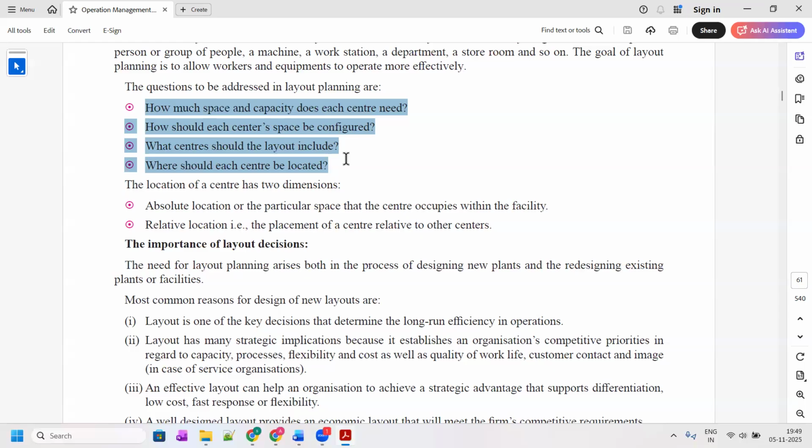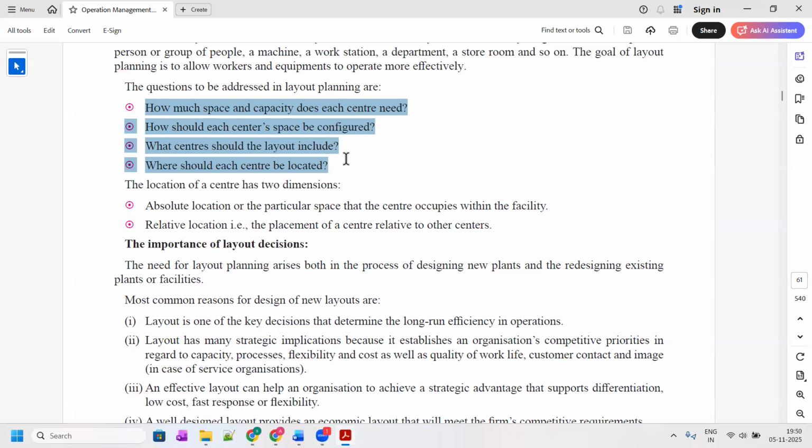Okay, so now when we talk about the importance of layout decision. The need for layout planning arises because in both the process of designing a new plant and redesigning the existing plant, the layout plays a very important role, because layout is one of the key decisions that determine the long run efficiency in the operations.